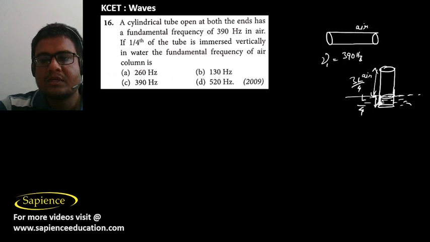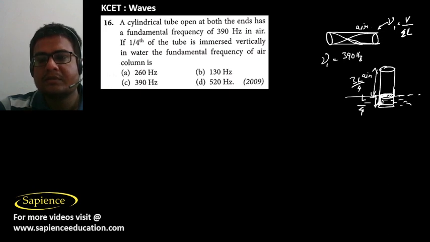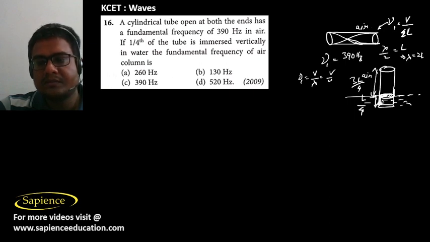So it means that now it will act like a closed end organ pipe. In the open end organ pipe, the fundamental frequency is given as V by 2L. Since here we have the fundamental frequency like this, it means that lambda by 2 is equal to L, so lambda equal to 2L. So new one, that is equal to V by lambda, that is equal to V by 2L.